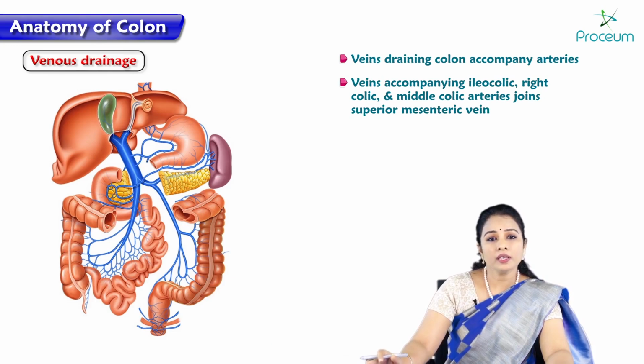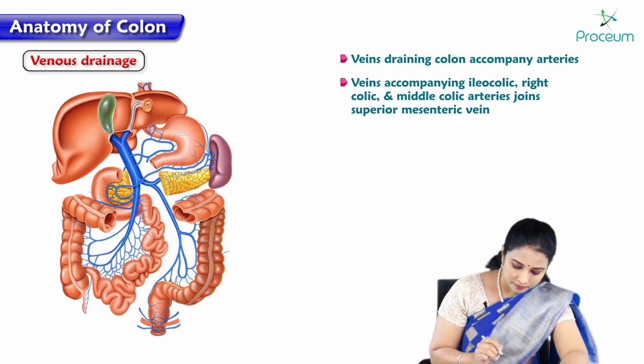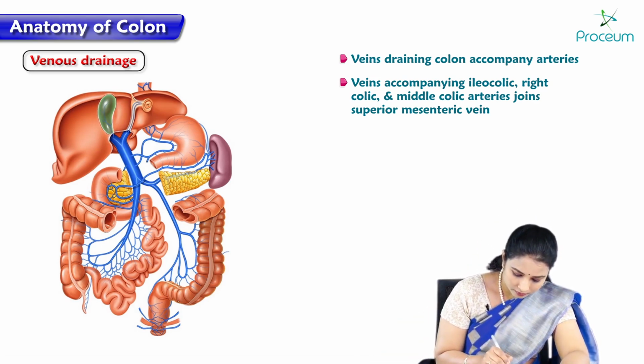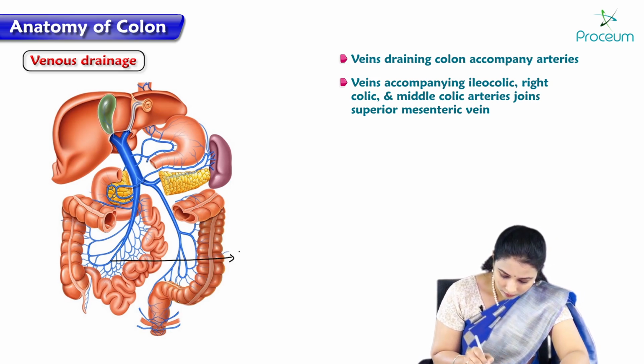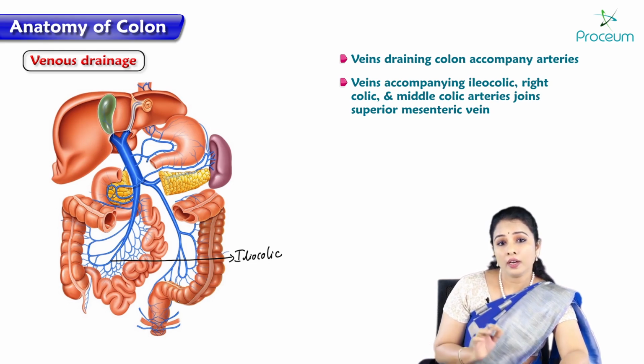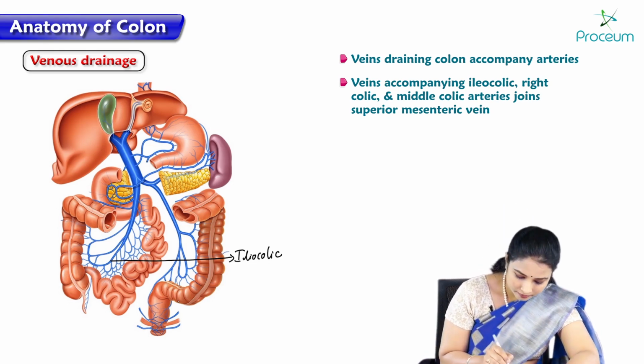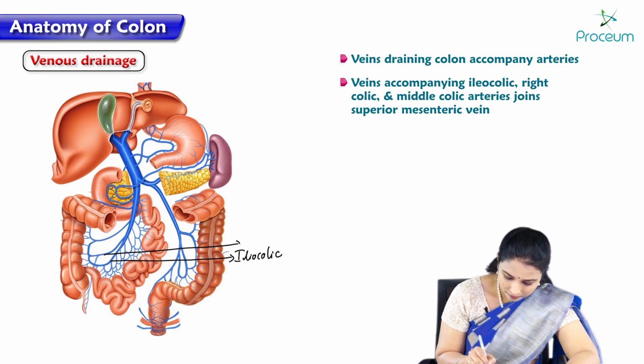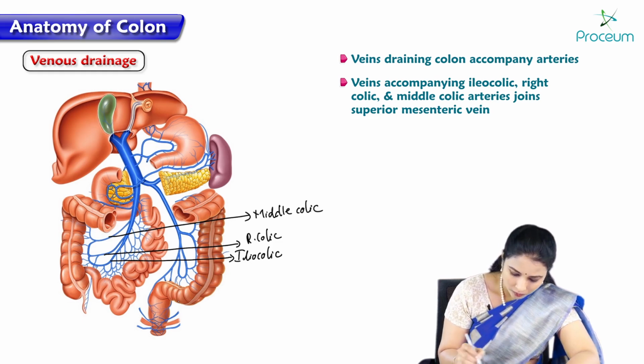The veins accompanying the ileocolic, right colic and middle colic arteries all join to form the superior mesenteric vein, all draining into the superior mesenteric vein.